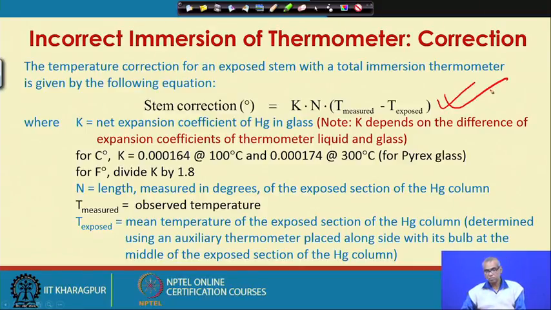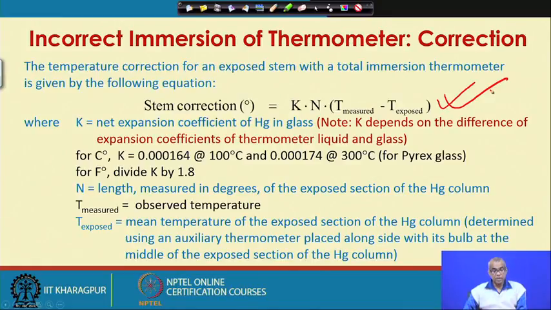Stem correction is K times N times (T measured minus T exposed). K is the net expansion coefficient of mercury in glass. Let us say we are talking about a total immersion thermometer where the temperature sensitive liquid is mercury.